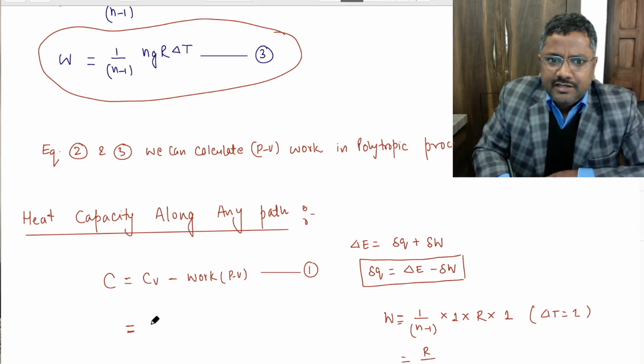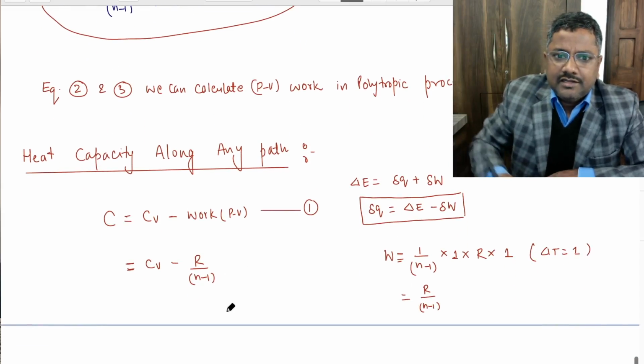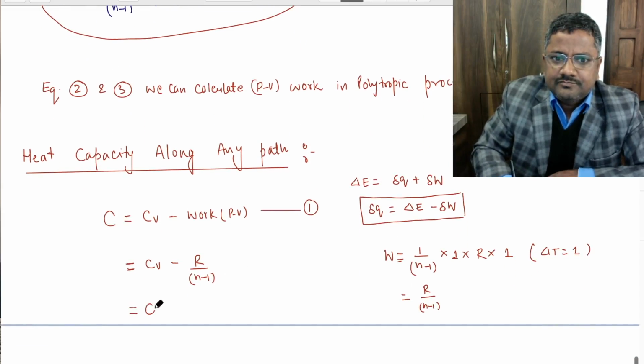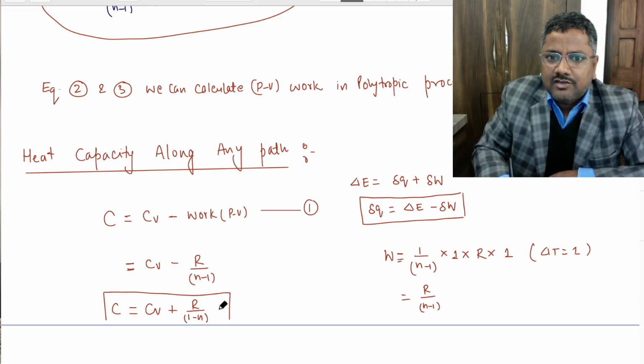So Cv minus this work, we can put here R by n minus 1. So if you want, you can write here Cv plus R by 1 minus n. So this is the formula for the calculation of heat capacity along any path.